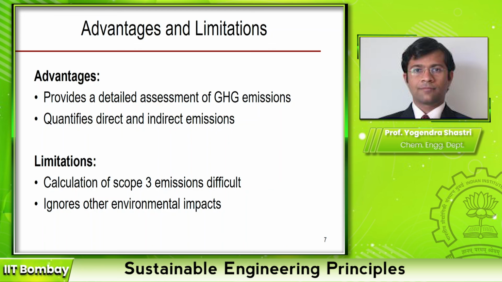Although it was mentioned that scope 3 emissions could be very important, they are often not very easy to calculate. They are difficult to calculate because of data availability or lack of information about the source of a particular raw material. The second limitation, of course, is that the carbon footprint calculation only tells you about the GHG impact. It doesn't tell you about anything else. And from that perspective, it is like an indicator. But it also falls under a product-based assessment category because it looks at both direct as well as indirect emissions.